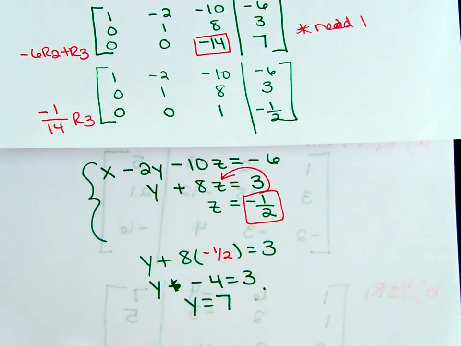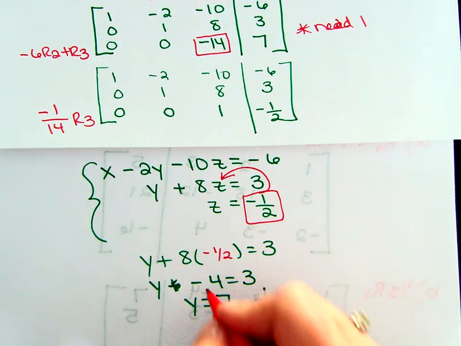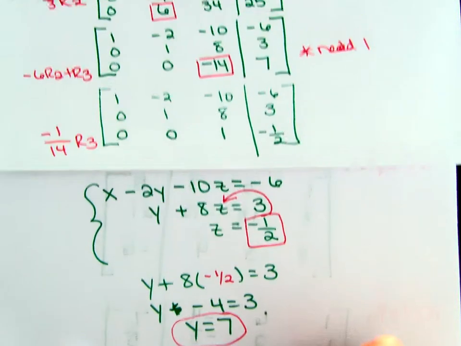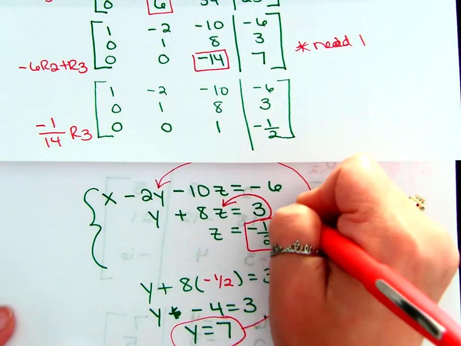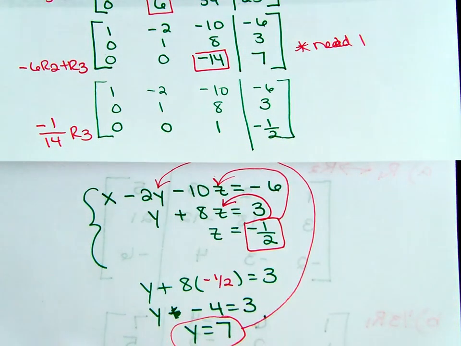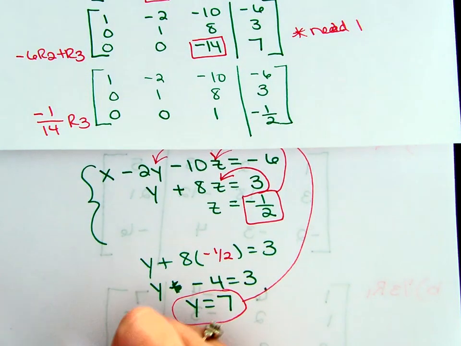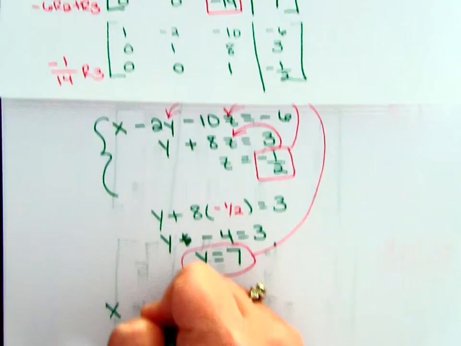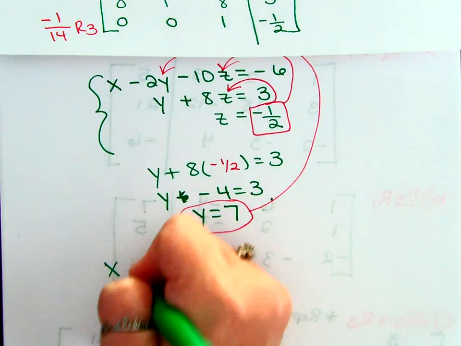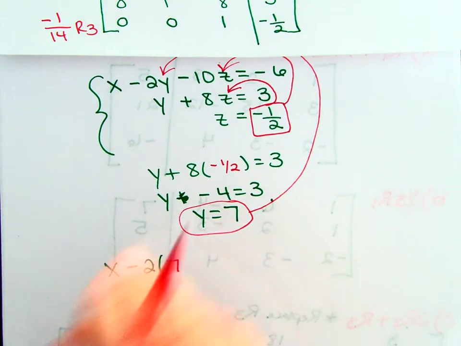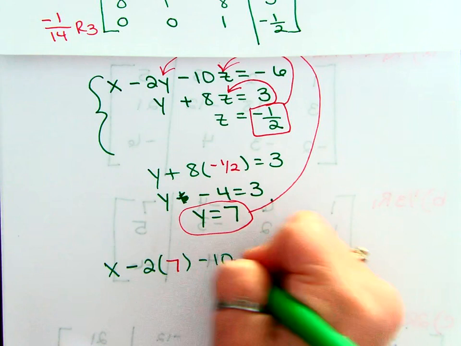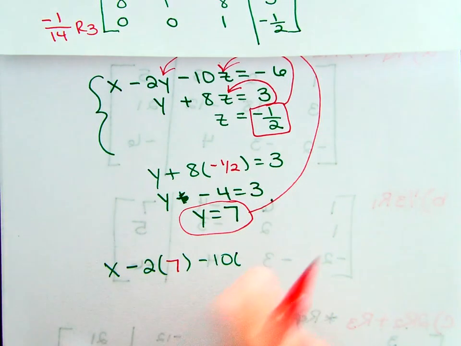And if y equals 7 and z equals negative 1/2, we can plug both of those things into the top equation to figure out what x is. Because for x, we have x minus 2 times y, well, y was 7, minus 10 times z, z was negative 1/2, equals negative 6.